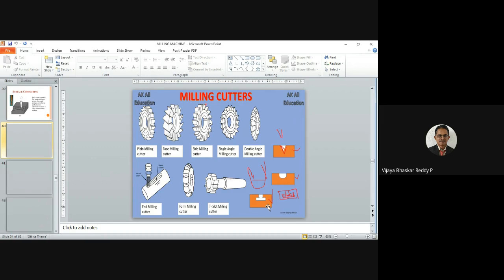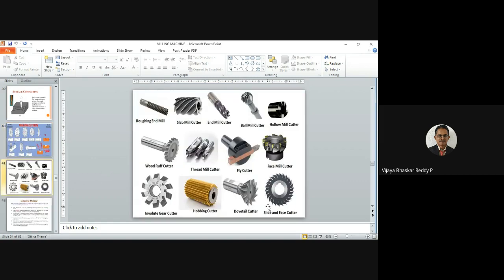These milling cutter tools are fixed on a spindle that we call an arbor. Similarly, there are many other classifications: rough milling cutter, slab mill cutter, L mill cutter, N mill cutter, and ball mill cutter, which are used for contour shapes, and hollow mill cutters, which are used for rough cutting and threaded portions. Fly cutters can be used as face milling cutters, and involute gear cutters for gear cutting operations.